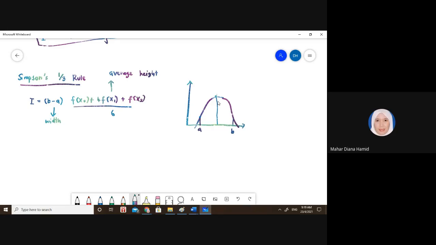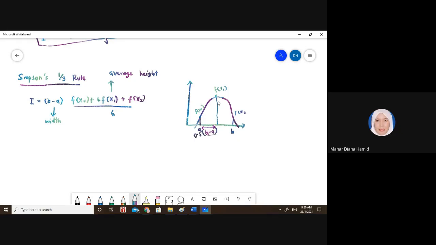So this would be f(x0), this would be f(x1), and this would be f(x2). And the distance between these two would be b minus a divided by 2, or 0.5.